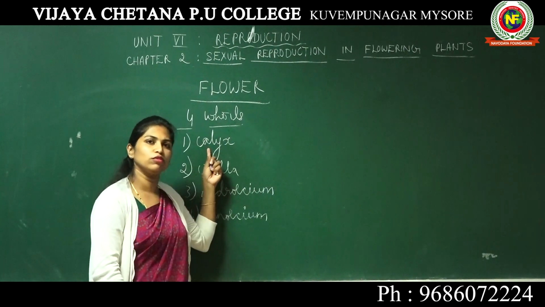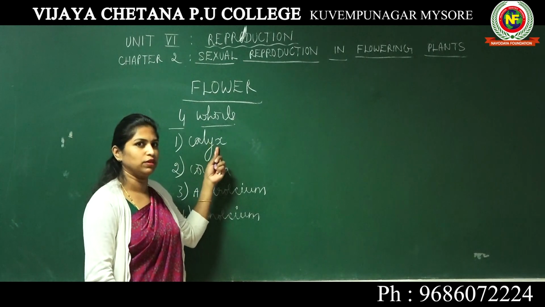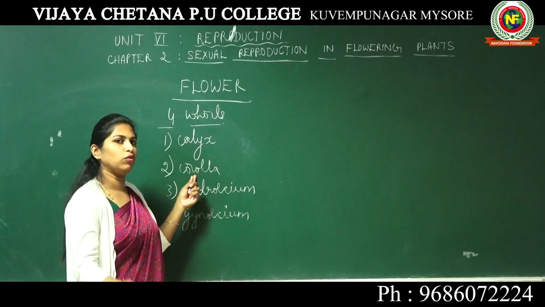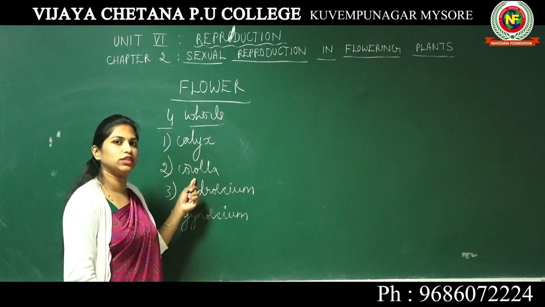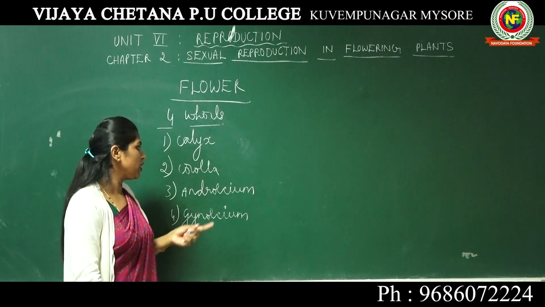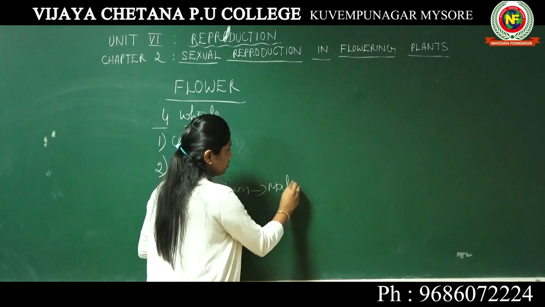Calyx is the outermost whorl of a flower. The unit of calyx are sepals. Corolla is the whorl found inner to the calyx, which we generally call petals of a flower.